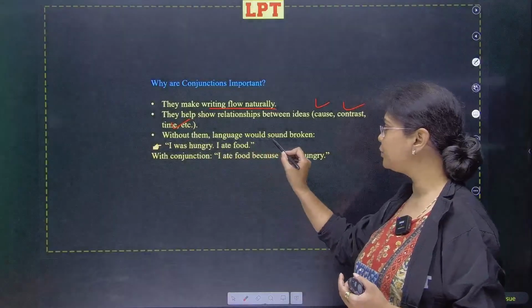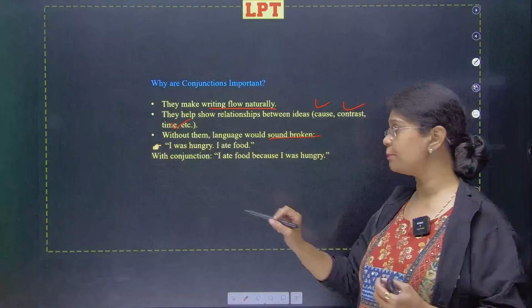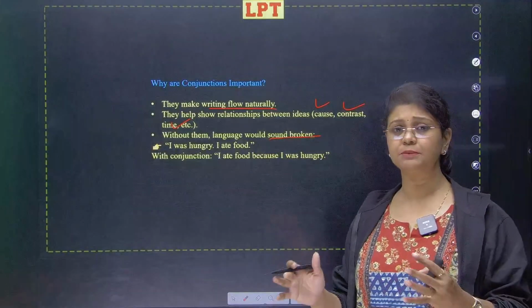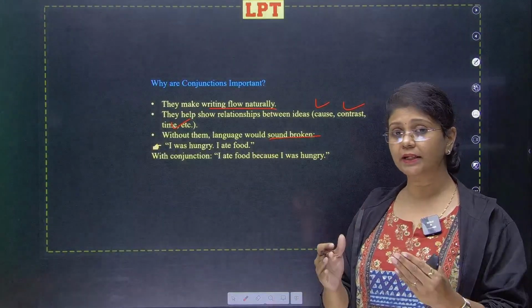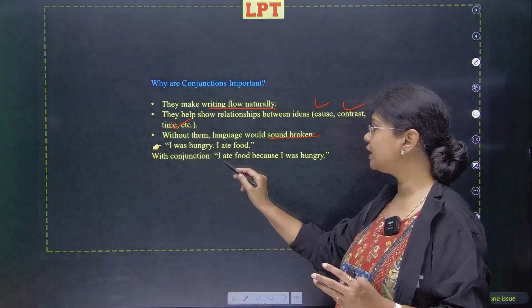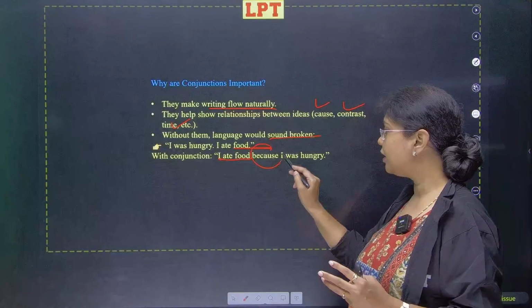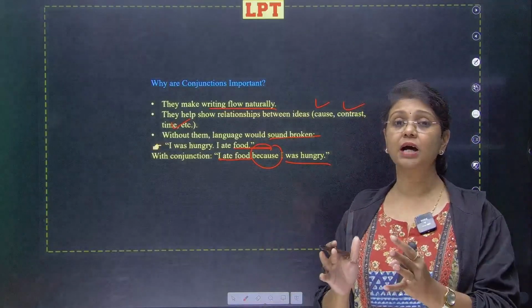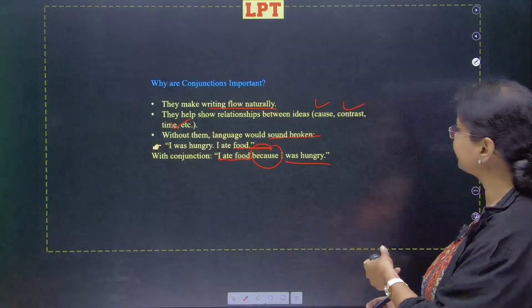Without them, language would sound broken. For example, I was hungry, I ate food. Of course it makes sense, but when you put it with the right conjunction, it has an impact. So with a conjunction: I ate food because I was hungry. This gives you a reason, and that is how you form your sentences.